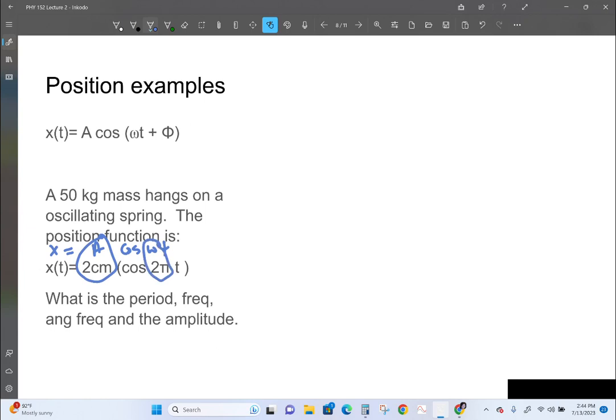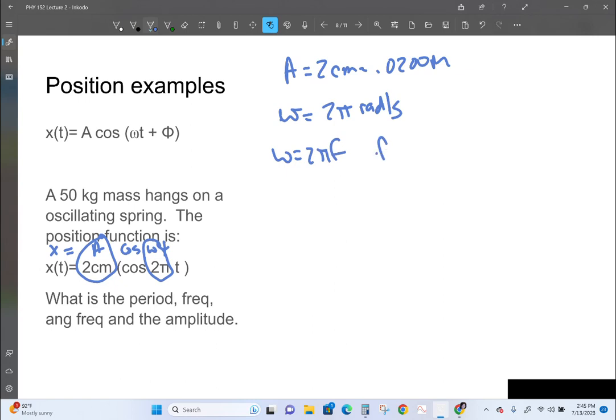So I already know that the amplitude is 2 centimeters, or 0.0200 meters, and that omega is 2 pi radians per second. So from omega, I can find f, right? I know that omega is 2 pi f. So f is omega divided by 2 pi, or 2 pi radians per second divided by 2 pi, which is going to be 1.00 hertz.